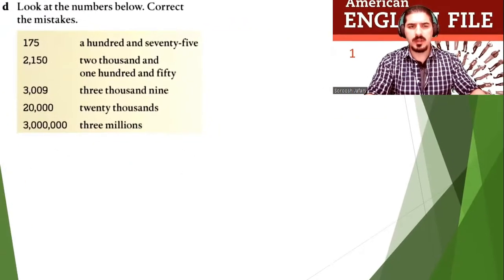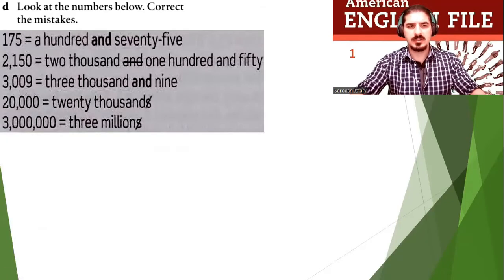Look at the numbers below and correct the mistakes if there is a mistake. For example, 175. For example, this next one, what does it write? 2,150. What is the problem? Do it. Good. Let's do it together.